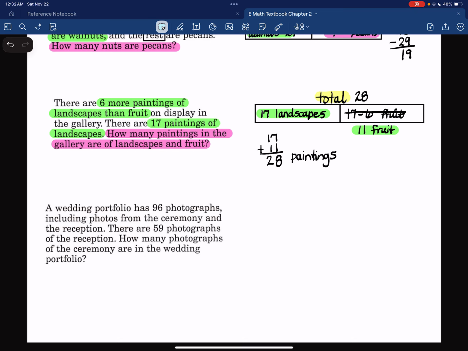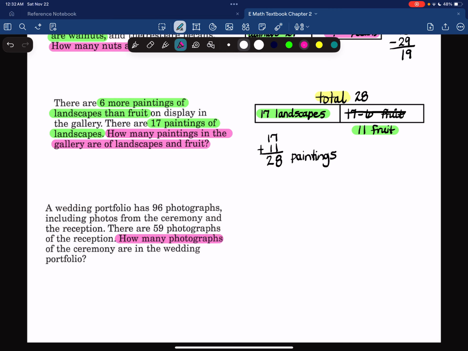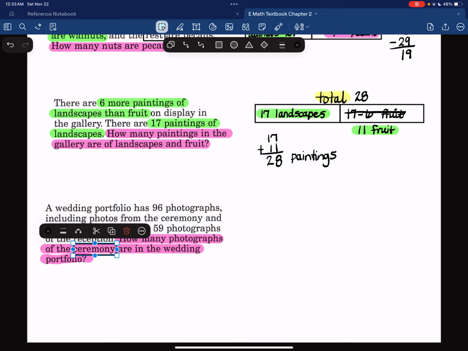How many photographs of the ceremony are in the wedding portfolio? So the question, the unknown for us, is how many photographs of the ceremony are in the wedding portfolio? So the unknown is the ceremony pictures.